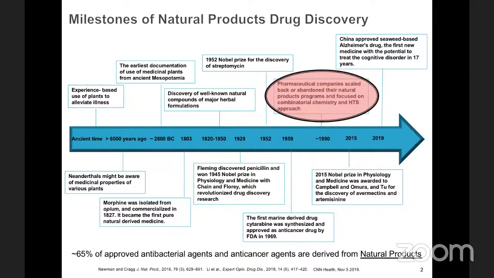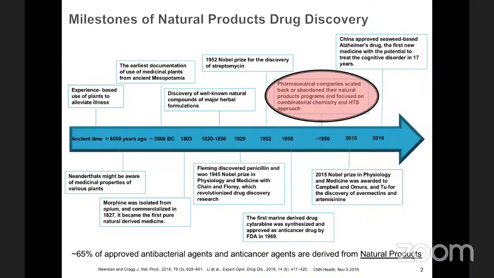However, from 1990, there are several reviews in this area published in peer-reviewed journals showing that the trend of novel scaffolds coming towards drug discovery and development has reduced tremendously. What I mean by a new scaffold is a new structure.